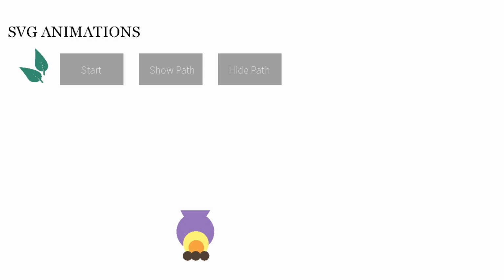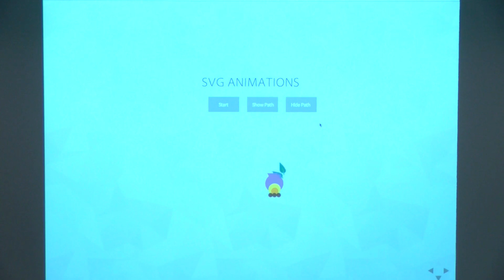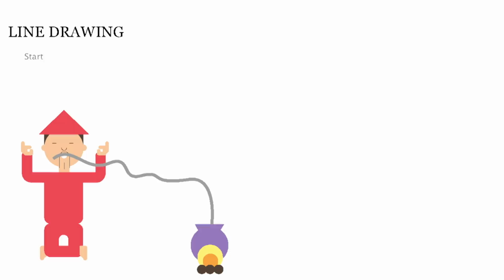For things like motion along a path, which CSS doesn't support, we would need SMIL animation. So say I have this path, you can make your graphic follow it. I'll hide the path and start the animation. So these are simple SVG animations for things that CSS doesn't support.